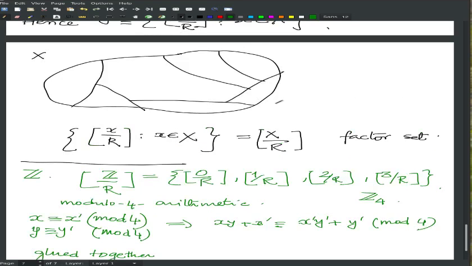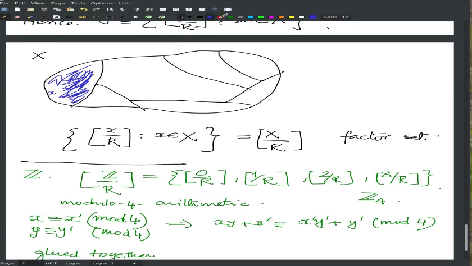So that's what I'm trying to say, that sometimes this is another version, another view of equivalence relations, we say of gluing. So all these elements here are glued together into one to give one of these.